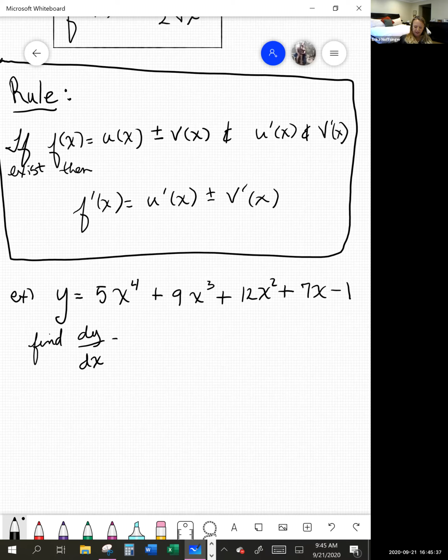So taking the derivative, we have 5, we can use our general power rule, bring our power down front. So 4x to the 4 minus 1 power.